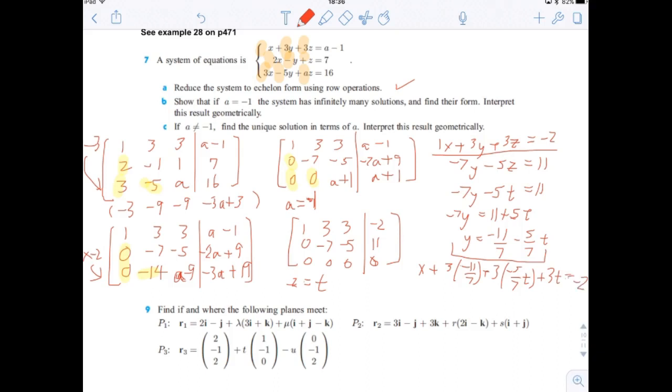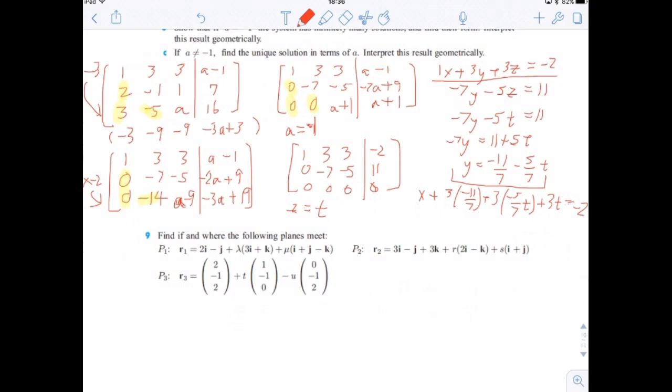Okay. Now let's simplify the x value. So we'll have x minus 33/7 minus 3 times -5, which is -15/7 t, and then the last one is plus 3t equals -2.